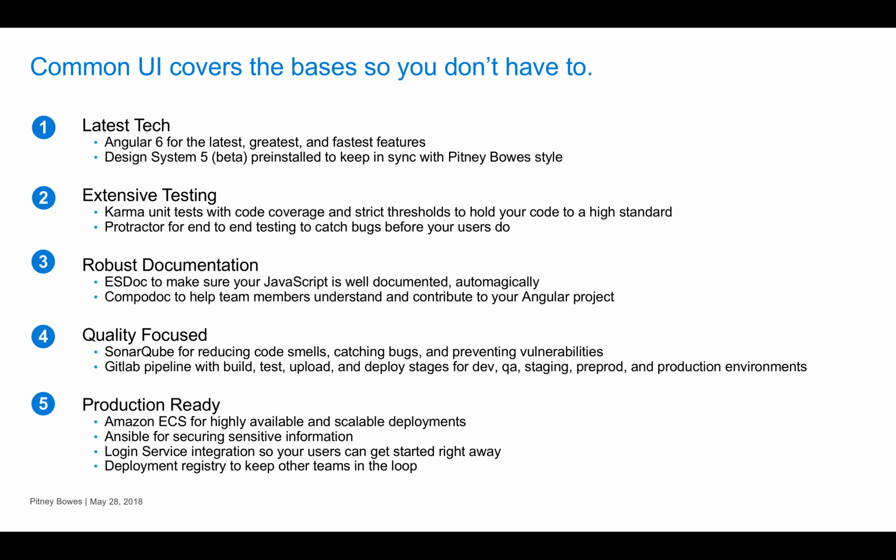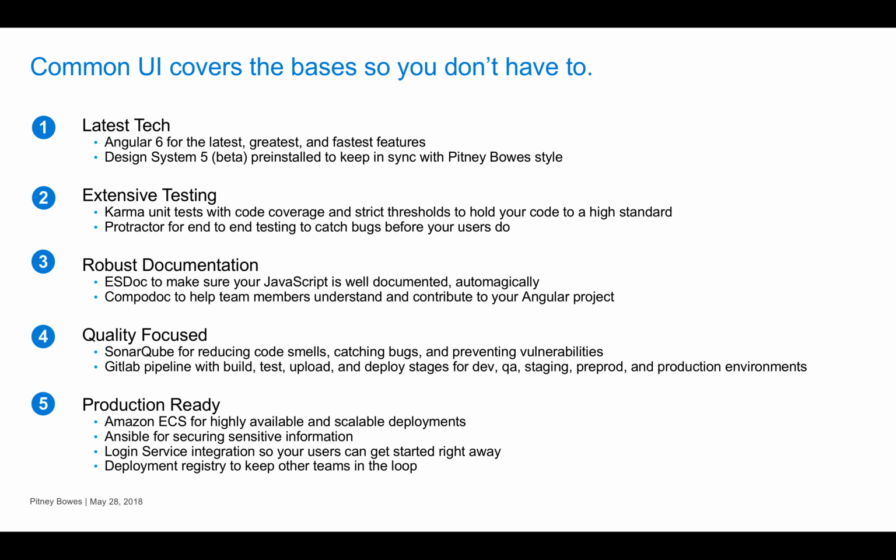We also have Protractor for end-to-end testing to catch any bugs before your users do. We include robust documentation, so this is automatic documentation generation: ESDoc to document your JavaScript, and CompoDoc to document your Angular project so that team members can quickly jump in and get started.